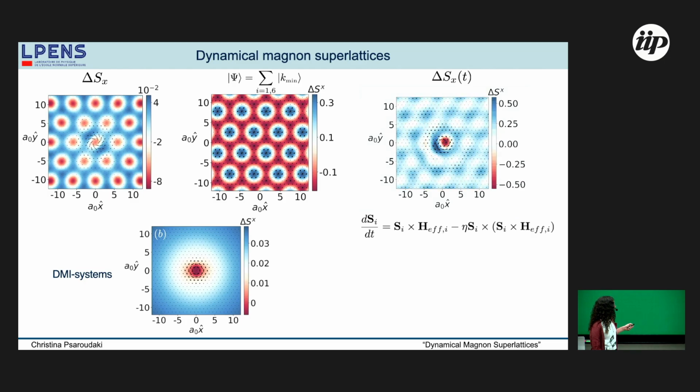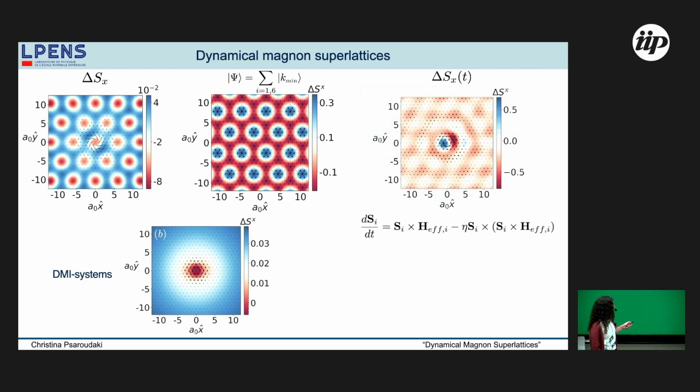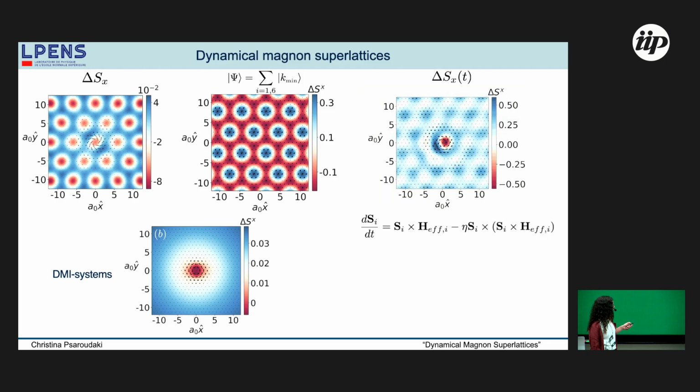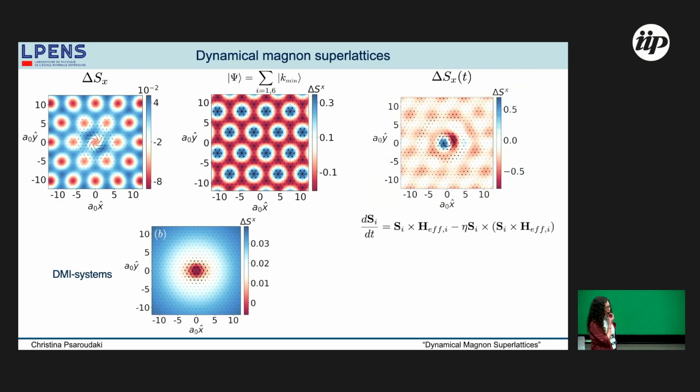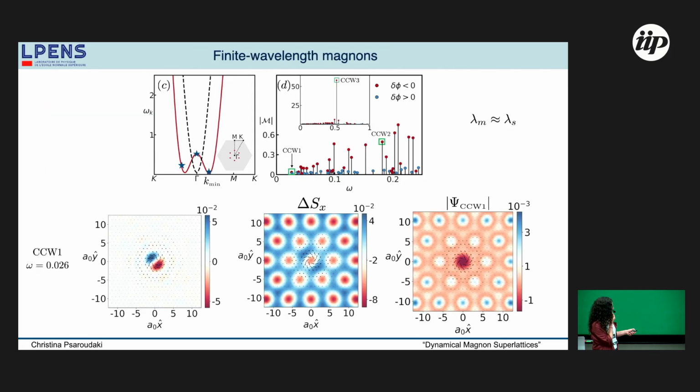So we would like to analyze what's going on on this mode. Then we just figured out we take an equal superposition of scattering states. So I go back: states that have a minimum energy. These are extended states that have this finite wavelength, and we have 6 of them, right? As you can see here, 6 degenerate states.